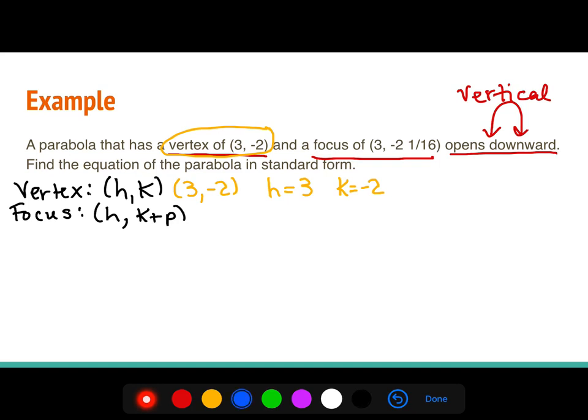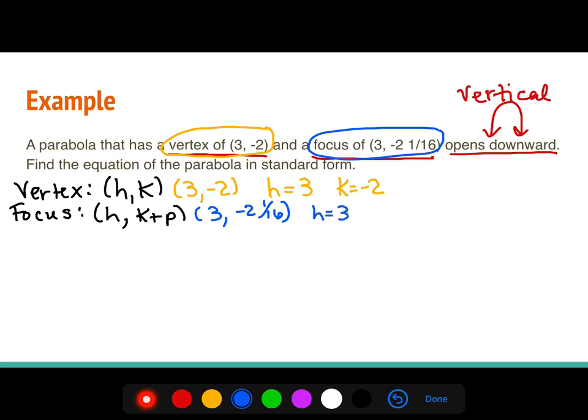Now the other thing they give me is focus. If I look at the vertical formula, so I go to the slide for the vertical, and I look at focus, that is (h, k plus p).